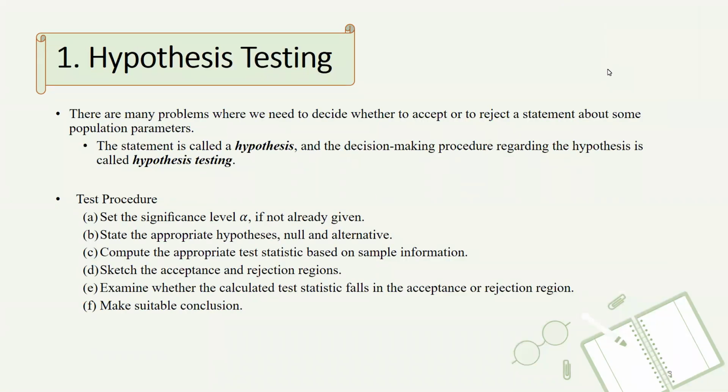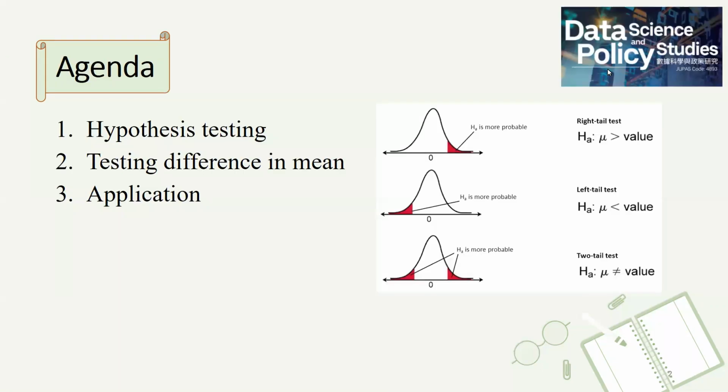So going back to step 5, we will have to examine whether the calculated test statistic falls in the acceptance or rejection region. So here, to determine the red and the white region, you have to find the critical value of your test using your degrees of freedom and your alpha level.